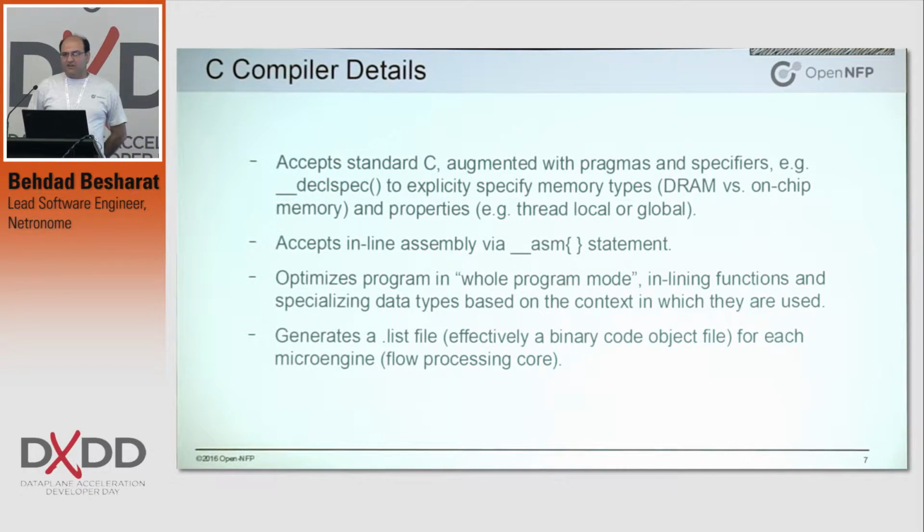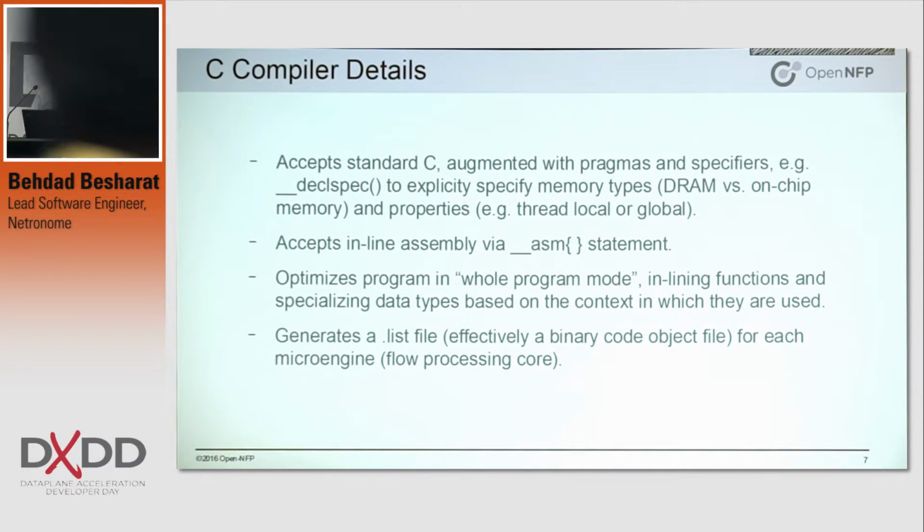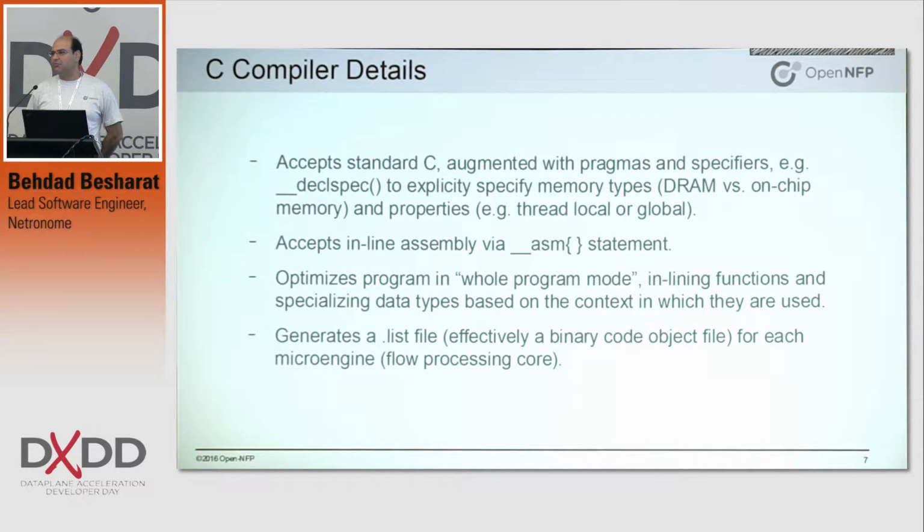The optimization of the C program is based on the whole program mode, which means the functions or macros that you are using in your program are not optimized based on the single file where that function or macro is used, but based on the whole program being compiled.